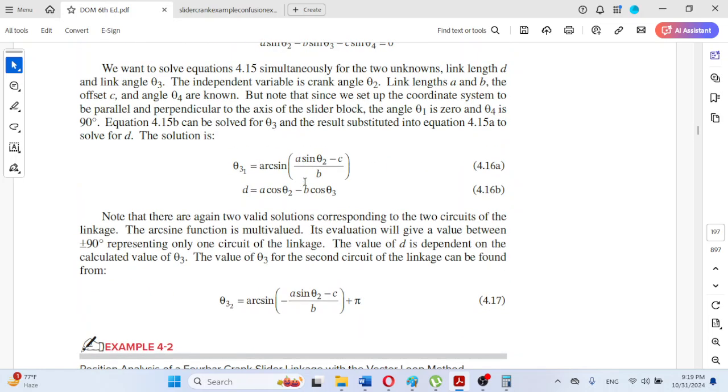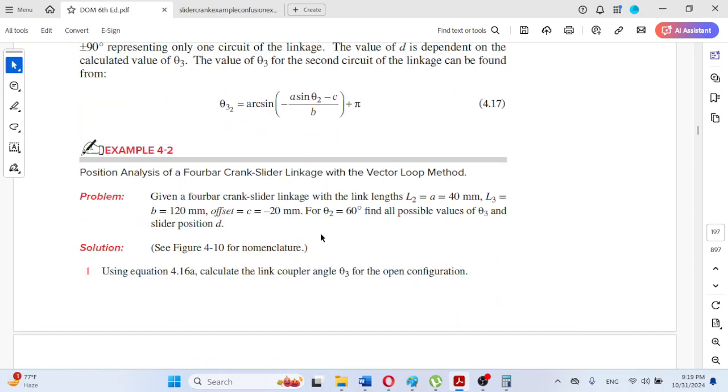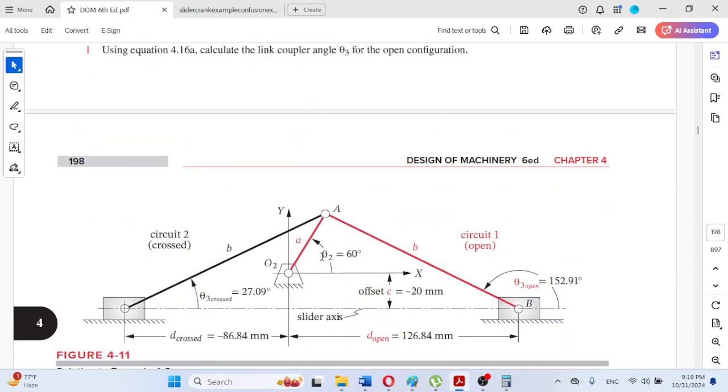These equations were derived for the case of a crank slider circuit, meaning the crank was the input and the slider had two locations.